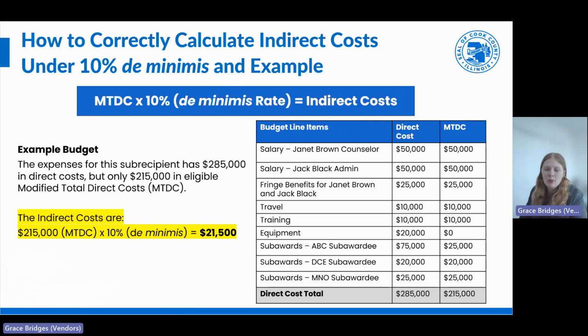For DCE subawardee, since the total cost is $20,000, all of the $20,000 will be included under the MTDC, as is the same for M&O subawardee with $25,000. That leads us to this $215,000 modified total direct cost number. And again, we multiply that by 10% to arrive at the $21,500 that are allowed under the 10% de minimis indirect cost rate.